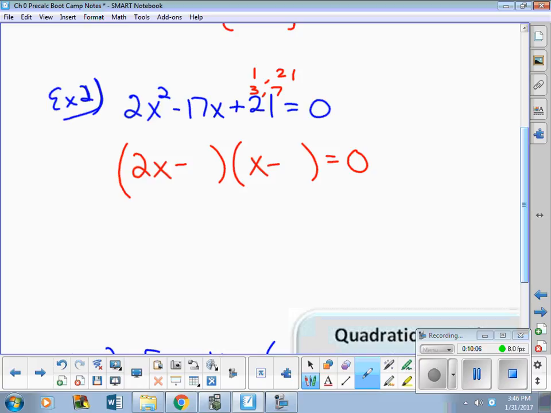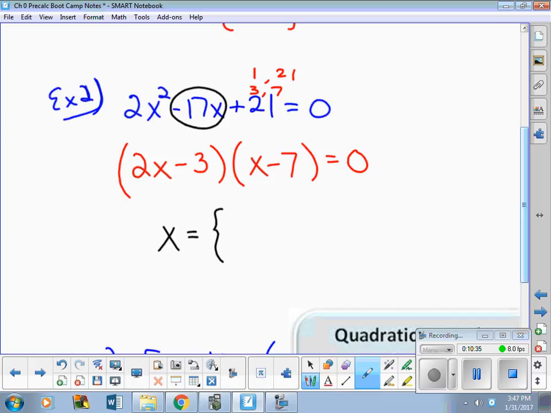At this point, the best thing to do is sort of a guess and check thing where you try 3 and 7, and then you just figure out the middle terms. The middle term here would be negative 14x, and that would be negative 3x. Put them together, and you get negative 17x, which is what you wanted in the first place. So job well done. We just have to solve it.